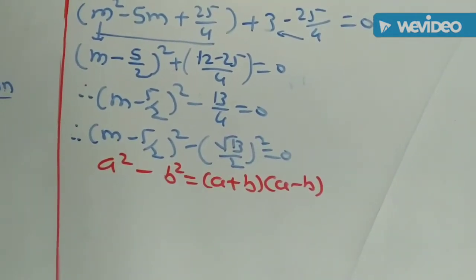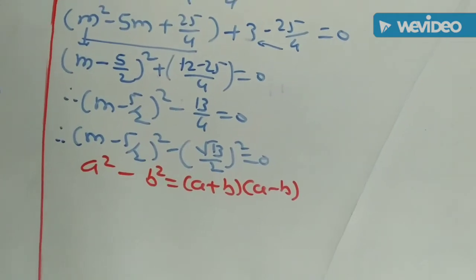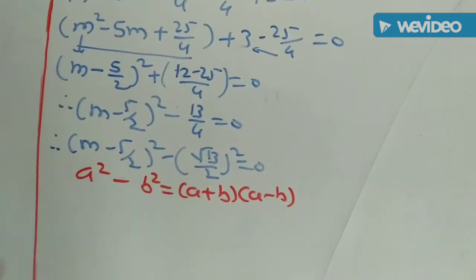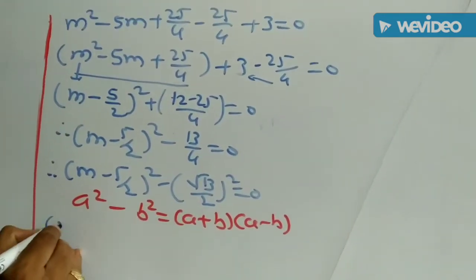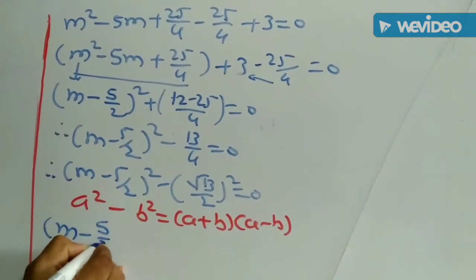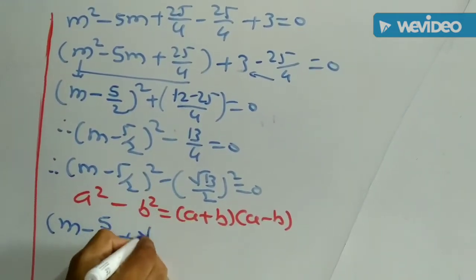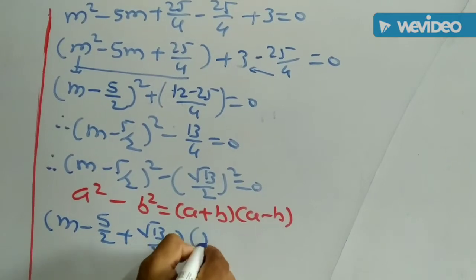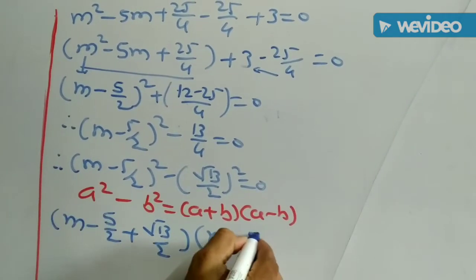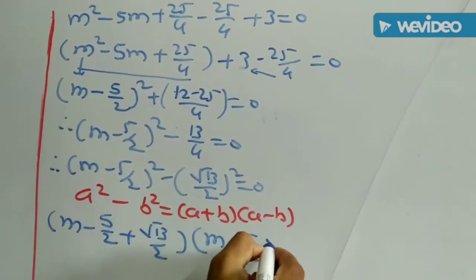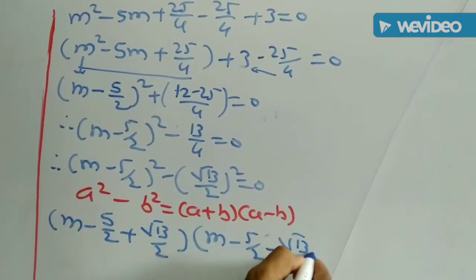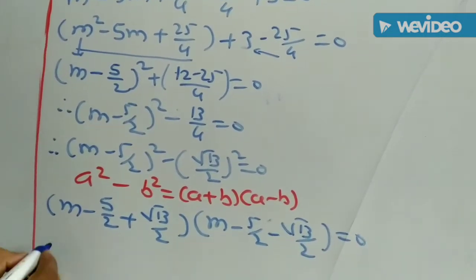Instead of a, I write m minus 5 upon 2, and instead of b, I write root of 13 upon 2. Then we get m minus 5 upon 2 plus root of 13 upon 2. In the second bracket, m minus 5 upon 2 minus root of 13 upon 2, is equal to 0.